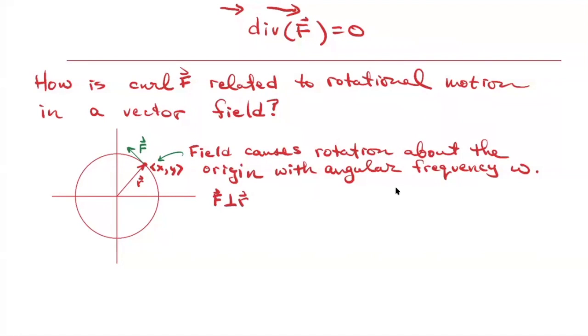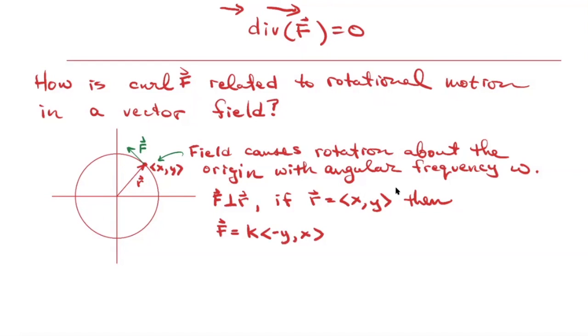So if r is a position vector with coordinates x, y, then the field has to be perpendicular to that. So the field has to be some multiple k, any value but zero, of negative y comma x.